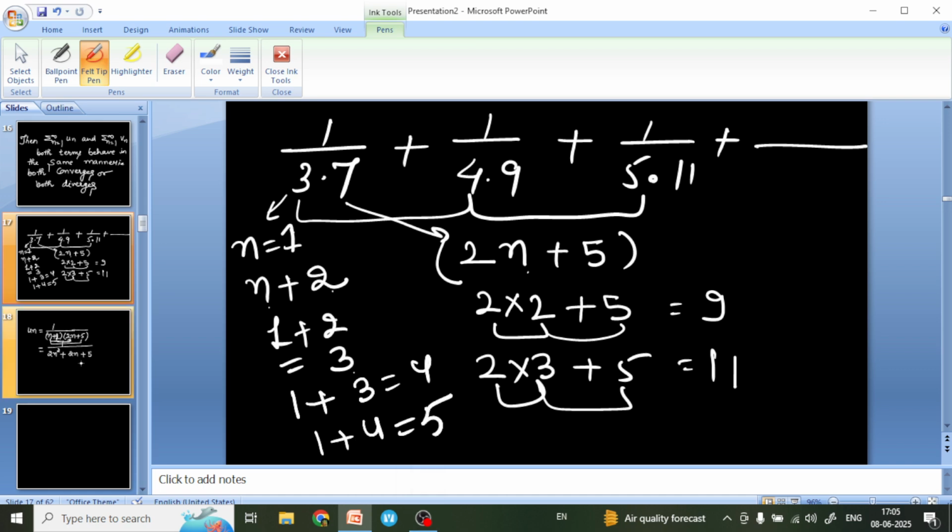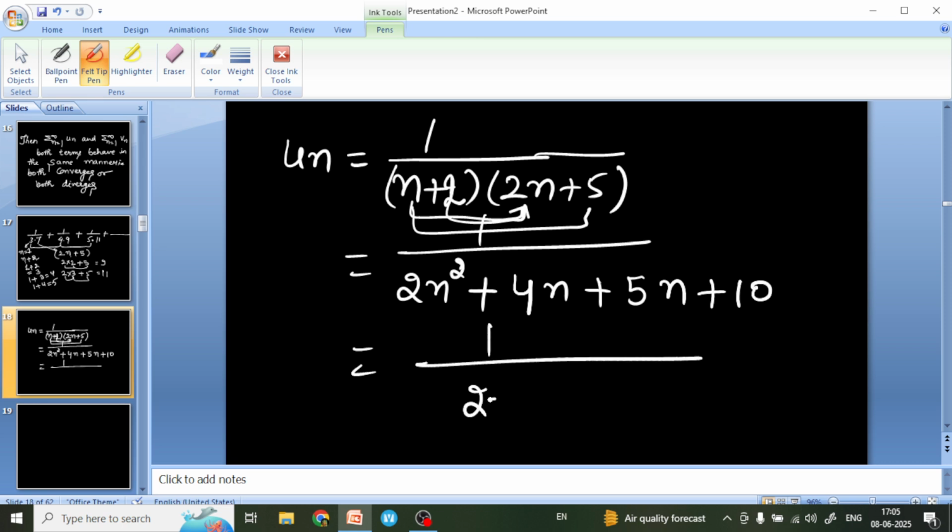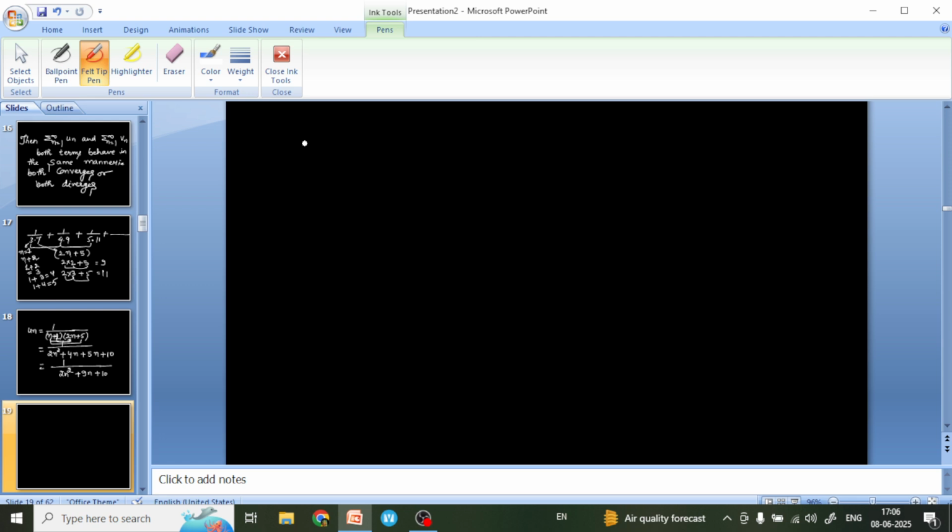So that's why we will take here n plus 2. 2n square, after that 2 2s are 4, 4n, 5n, plus 5 2s are 10, and 1 over 2n raised to power 2 plus 9n plus 10. This is un.